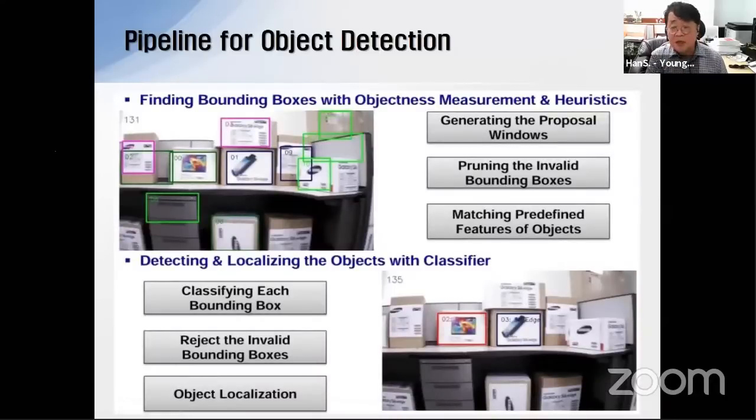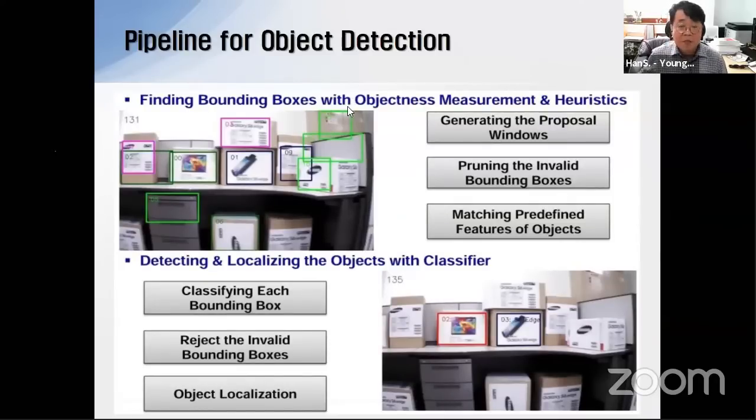That is a simple example of the pipeline for object detection. First of all, you can find the bounding boxes that are suspected to include the object inside that rectangle. So they propose several candidates, and then each bounding box is input to the machine learning algorithm.